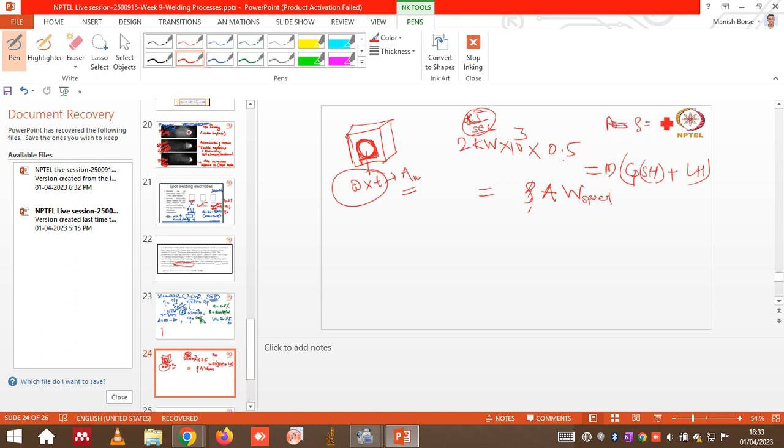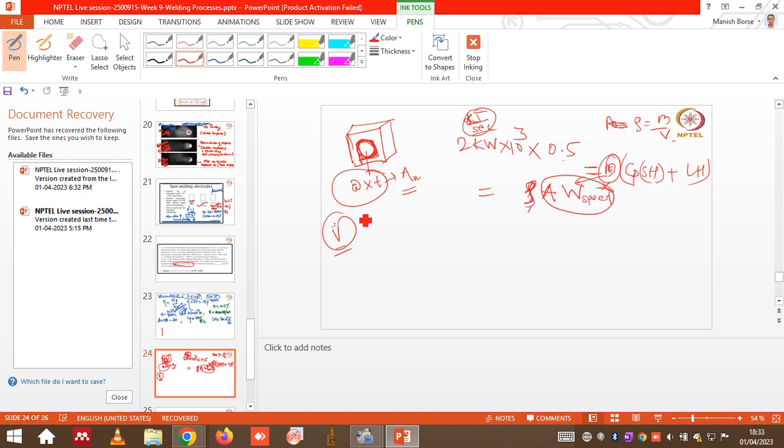So mass here is rho into V, where V is the volume flow rate, or the volume of material actually melting per second, because here speed is involved, right? So instead of mass we have to use these terms.